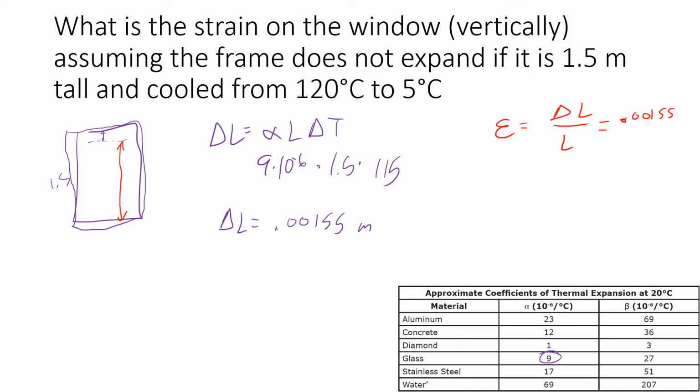So that means that we are going to have to subtract 1.5 minus 0.0015. So we are going to put as the denominator 1.4985. All right, because here's our delta L and here's our L. Once we divide those guys, we are going to get 0.001034, or 1034 micro.